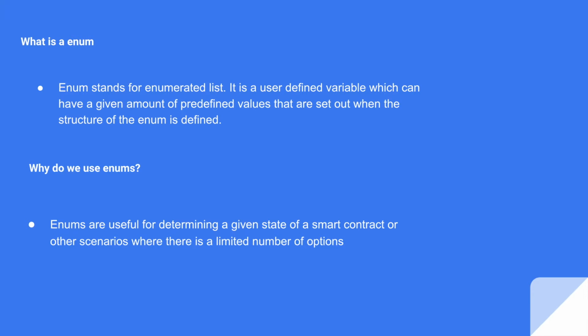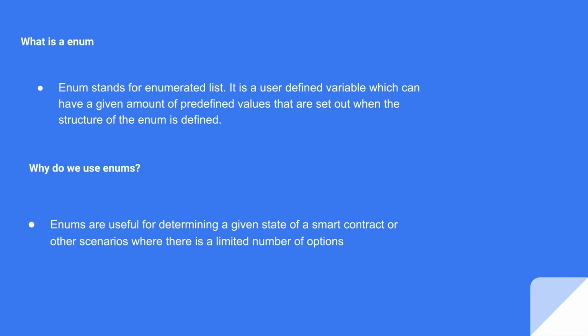So it's often useful to think, why do we use enums? Enums are really useful when we want to demonstrate a given state for a smart contract, or we want to use other scenarios where there's a limited number of options which a variable can be. So a great example is if we have a state, it might be on, off, or loading.